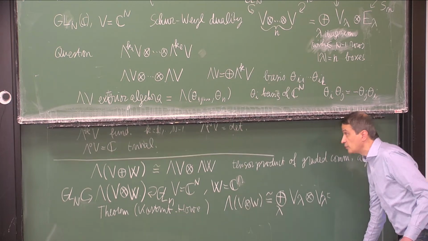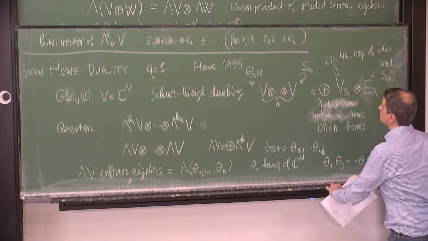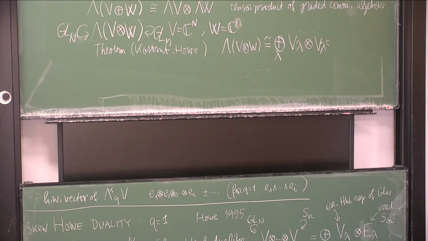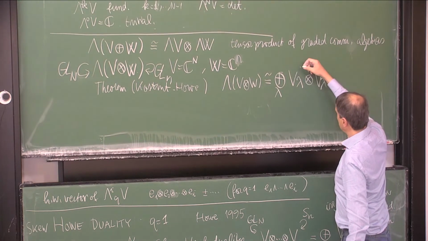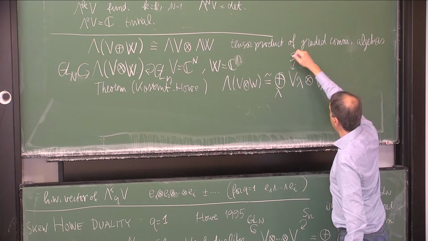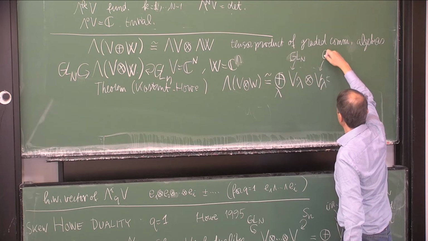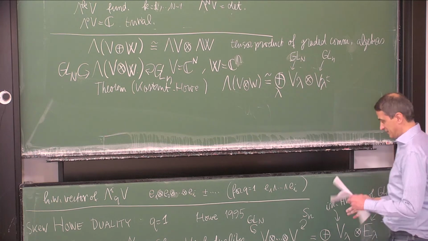The correspondence is a transposition of the partition. Now maybe I should write n somewhere in the notation, and small n. So this is the highest weight representation of GLN. Probably it should be in the notation. So that looks like the notational difficulty for the third lecture. Yes, if you want, I can put GLN somewhere.